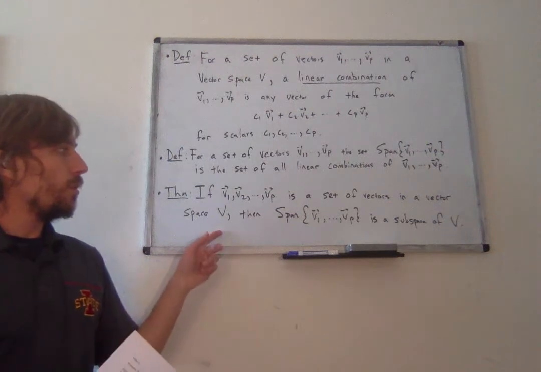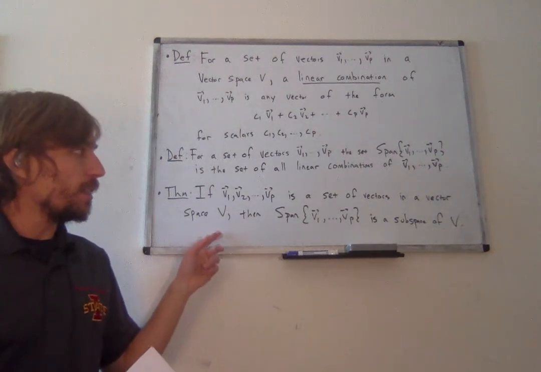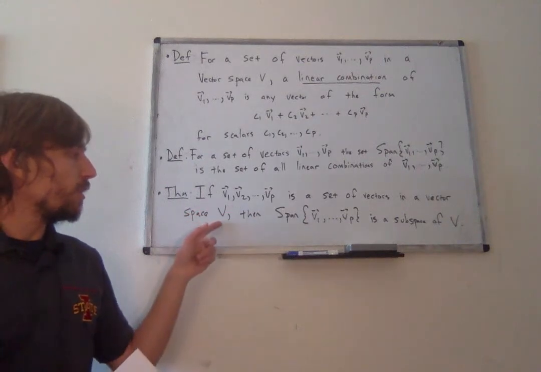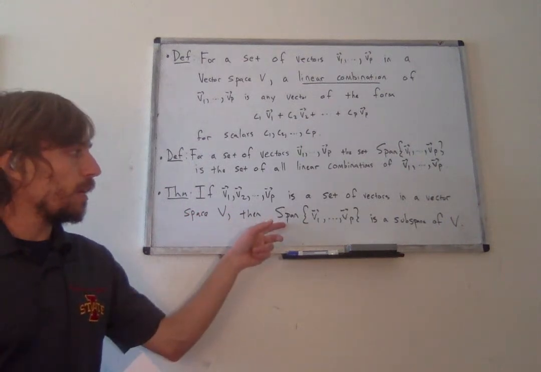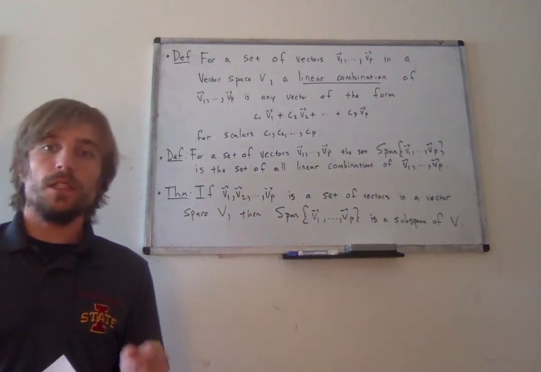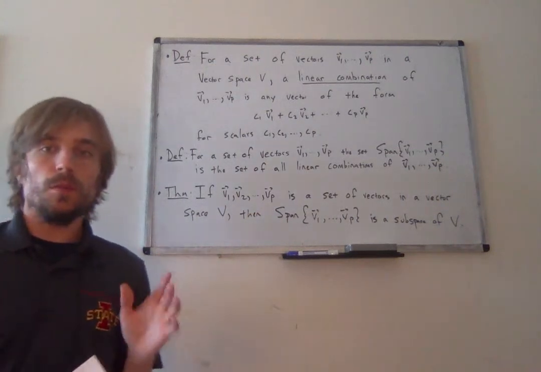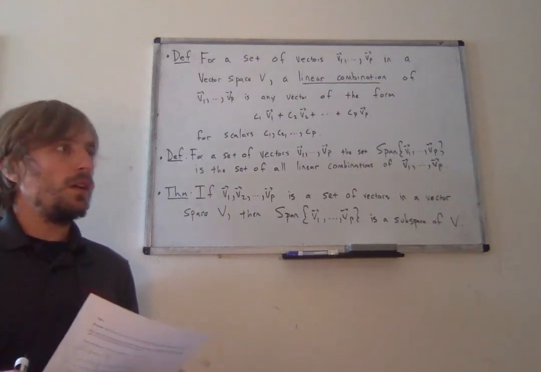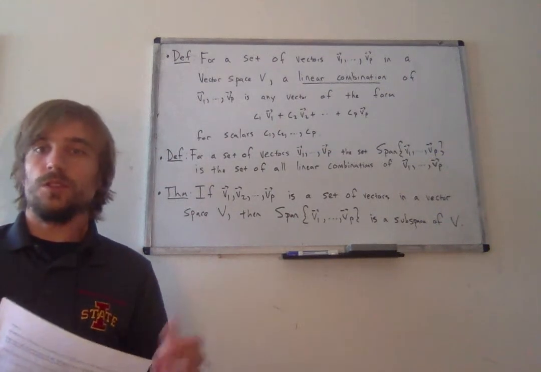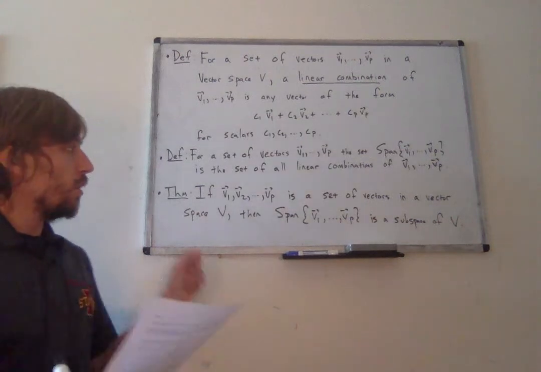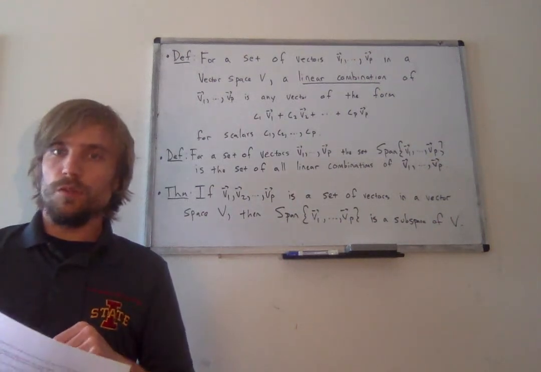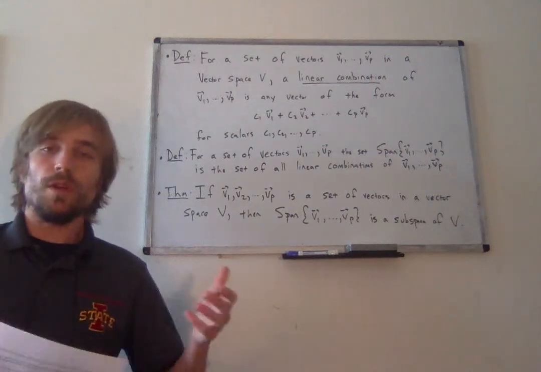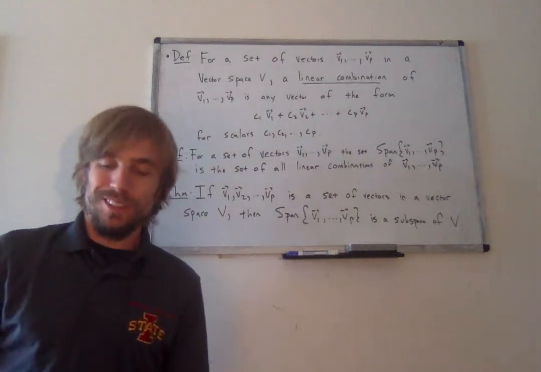And so you can very quickly generalize the first example to prove this theorem, that if I have a set of vectors in a vector space V, then their span is always a subspace of V. So keep this theorem in mind, because this will be very foundational to what we're going to talk about in future sections. This is the first big reveal, or I guess the only real big reveal of this video. I just want to wrap up with one fun example.